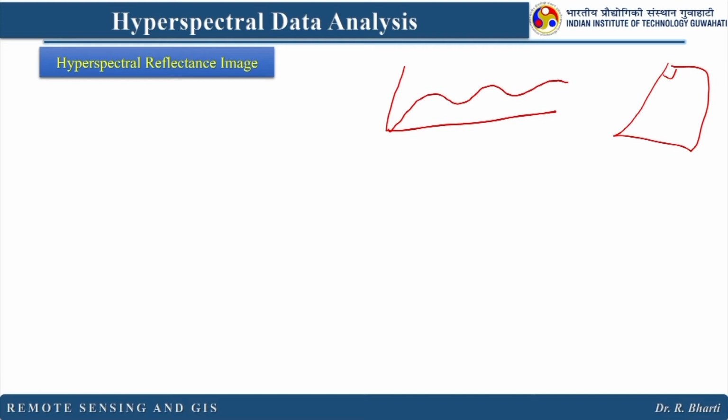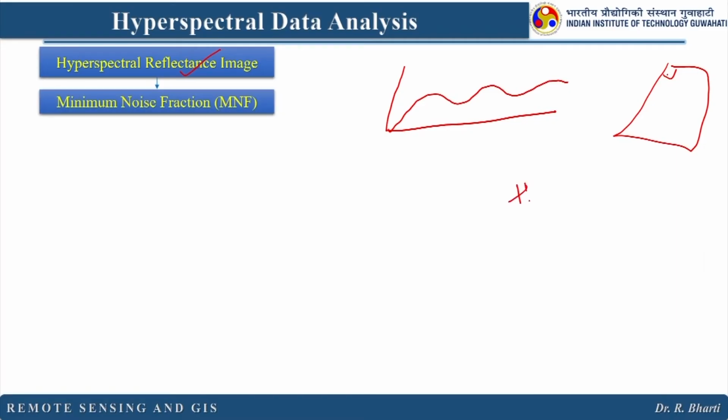And here I am talking about the Hyperion sensor, which is available in space. As of now it is not in working condition, but you can download the archive data and try this processing.